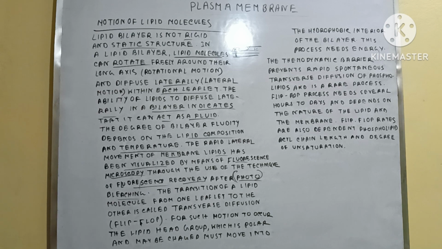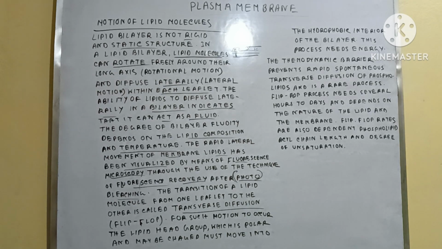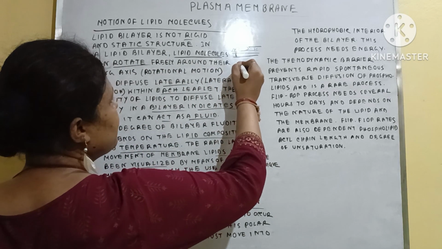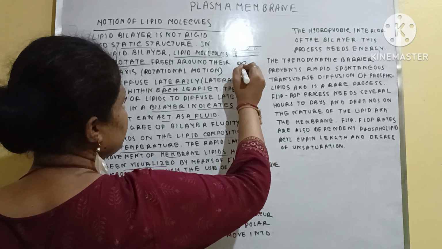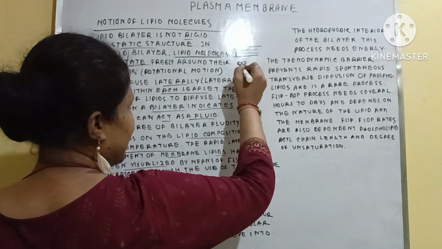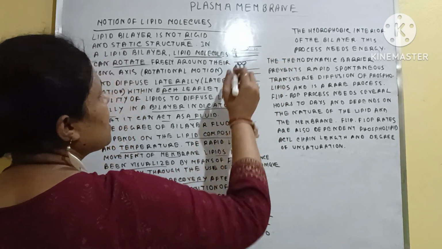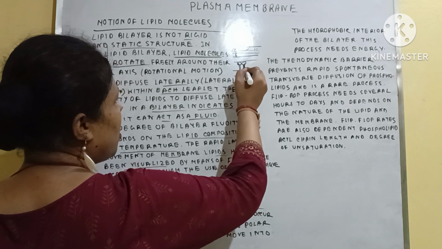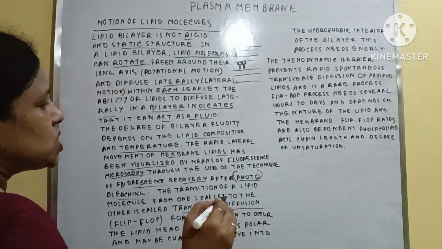The transition of a lipid molecule from one leaflet to the other is called transverse diffusion. Lateral diffusion means a lipid molecule moves to another molecule's place and stays contained within the monolayer. Rotation means rotation of the head around the long axis. But what is transverse movement?